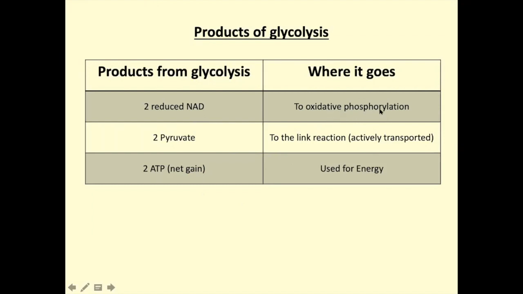It was used for oxidative phosphorylation. Where did the pyruvate go? This is now going to go into the link reaction. So what that tells you is the pyruvate now can cross the cell membranes of the mitochondria, okay, by active transport.